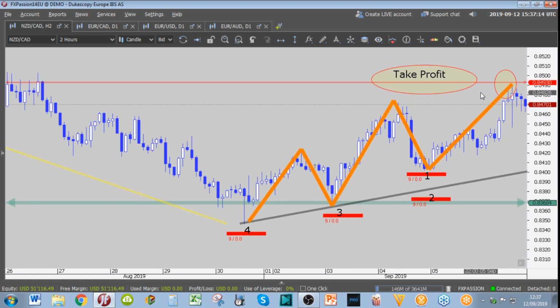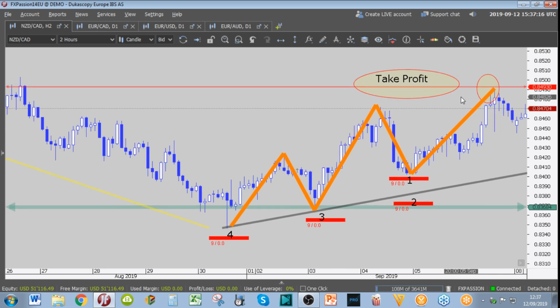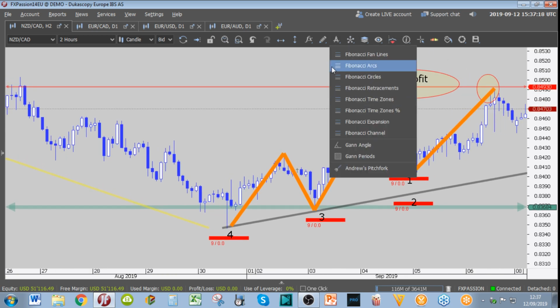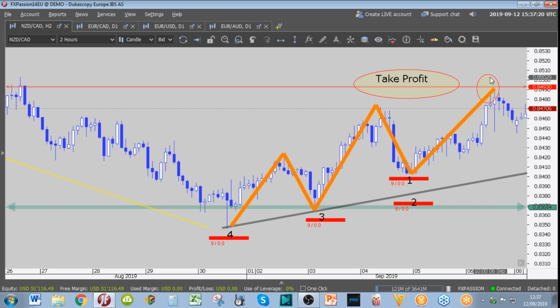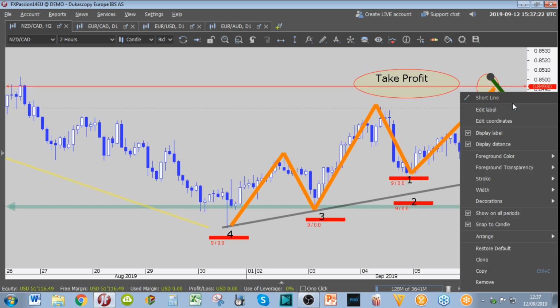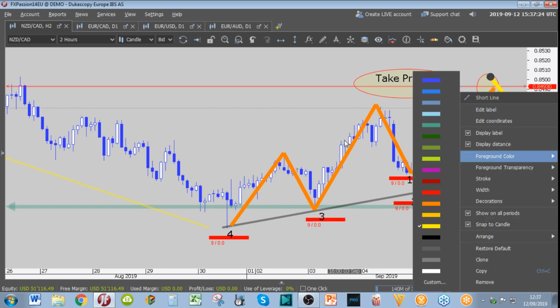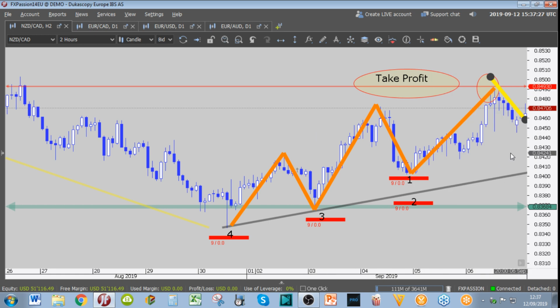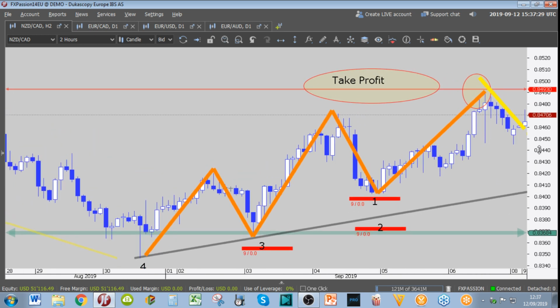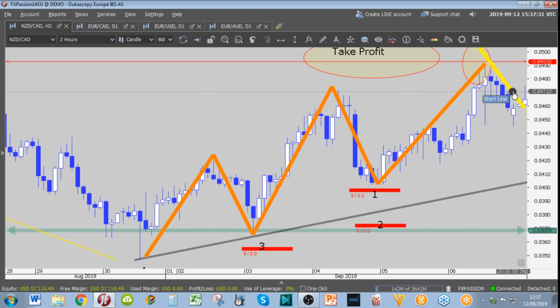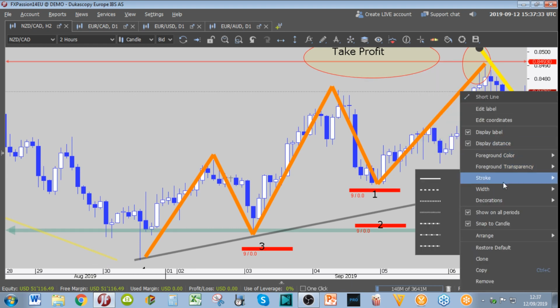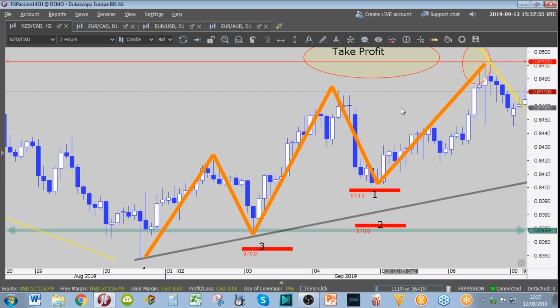We're going to wait. There you go, counter trendline break again. Let's make it yellow. Okay, counter trendline break. Again, we have a full body candle on the other side of the counter trend line. There you go.